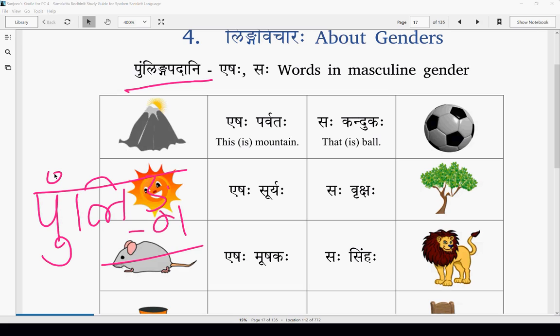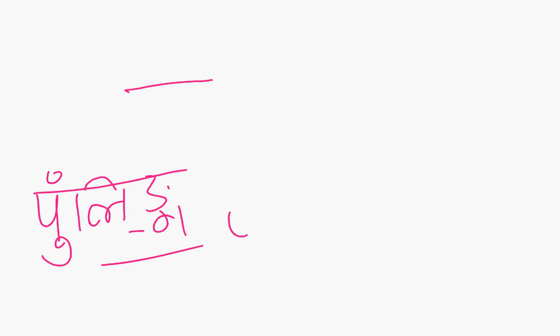So how is the anuswara pronounced? Pung, like pung, punglinga. That is one way of pronouncing it. There is another way of pronouncing it, like this, po.